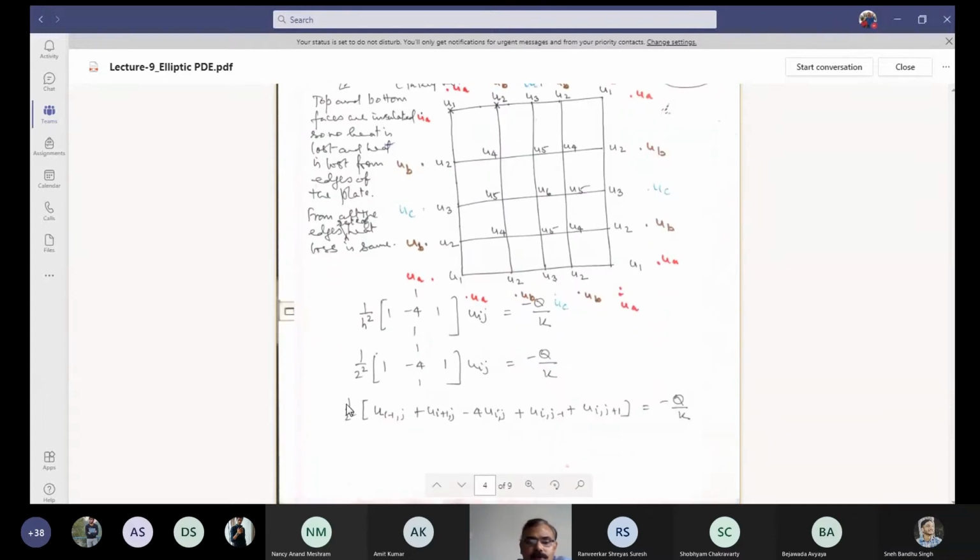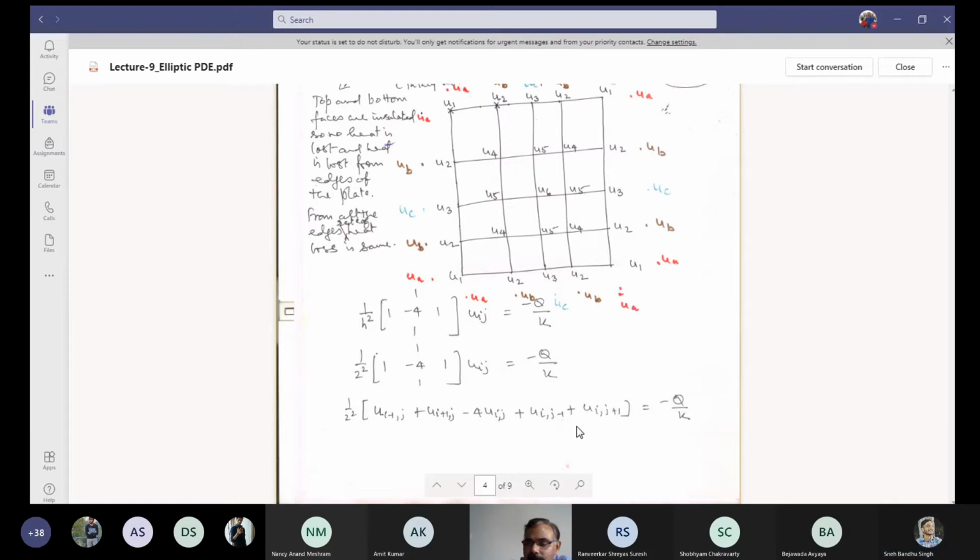H is 2, so this is 1 by 2 square. So this is minus 4 for the point for which you want to write the equation, and then along the j side the previous column value and the forward column value, along the i side the forward row value and then the backward row value. Is that right?